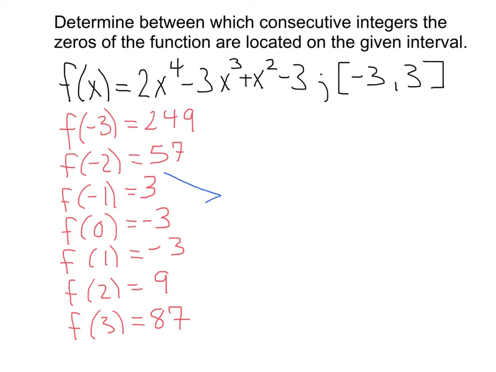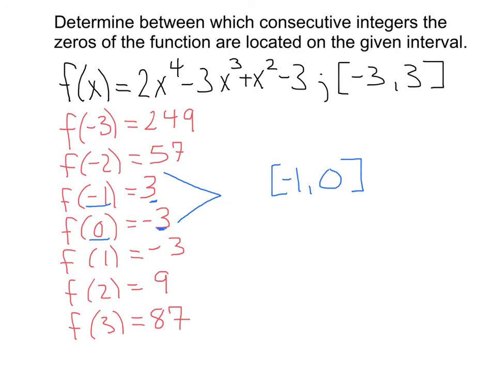I know the intermediate value theorem applies, and there's going to have to be a 0 between those two x values of negative 1 and 0. So between the integers negative 1 and 0, there is going to be one of my zeros, because I'm switching from positive to negative, and it has to pass through 0.